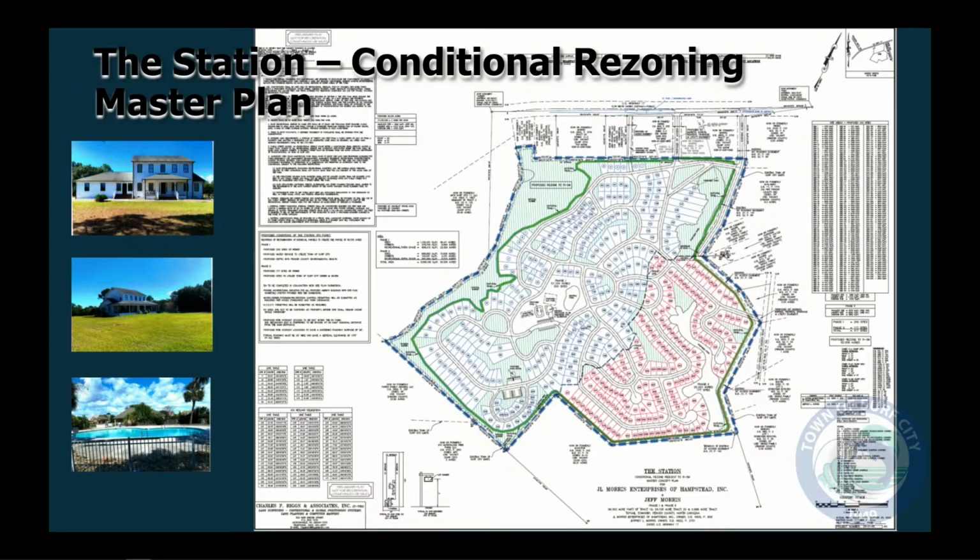RV parks are not specifically listed in our comprehensive land use plan, but there are a number of policies that would support it. Policy 3.2A talks about preservation and enhancement of water quality. They are designing it to lessen the impact on the non-jurisdictional wetlands on site.